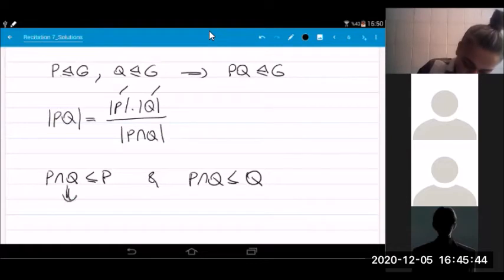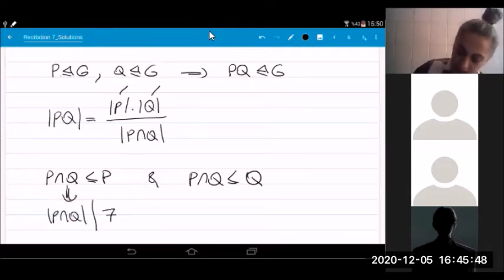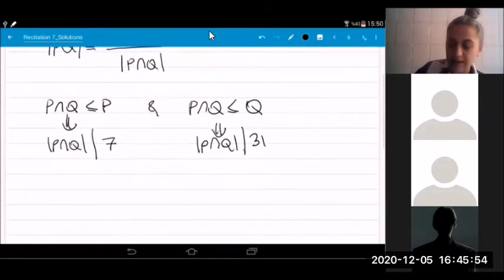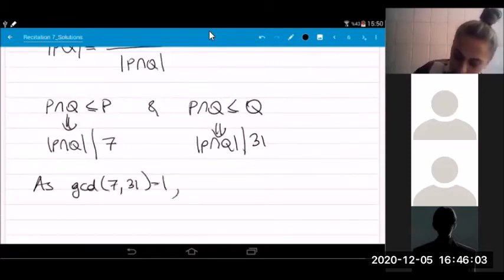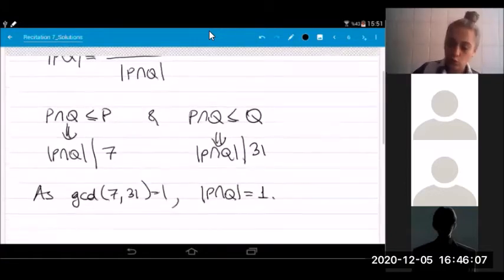So the order of P intersection Q has to divide 7 and has to divide 31. Since 7 and 31 are relatively prime, the order of this intersection is equal to 1.